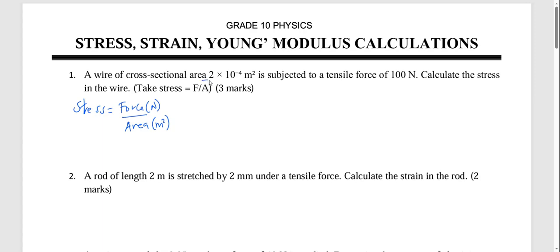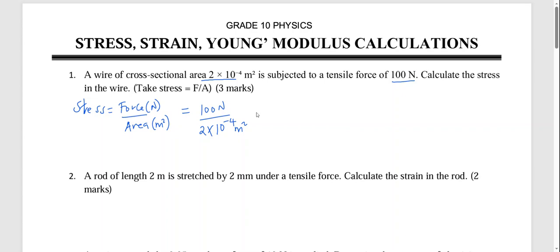We have the cross-sectional area and we've been given a force of 100 newtons. Therefore, let's substitute into our formula. This will be 100 Newton all over 2 times 10 raised to negative 4 square meter.